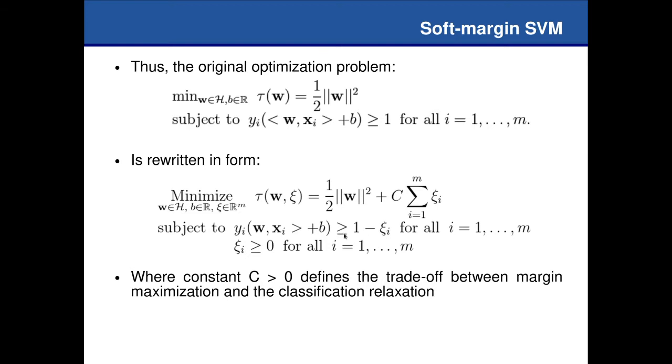I don't have to be greater than or equal to 1 for this times my class, because I accept some exceptions. I accept some points lying on the incorrect side, okay? Every correction or every slack variable, every relaxation has to be greater than or equal to 0 by definition.